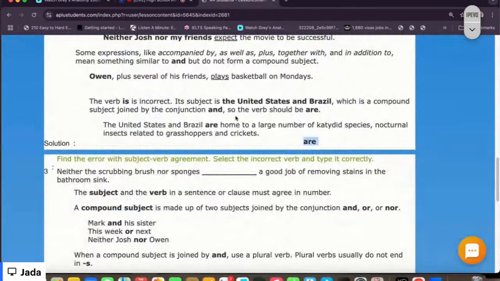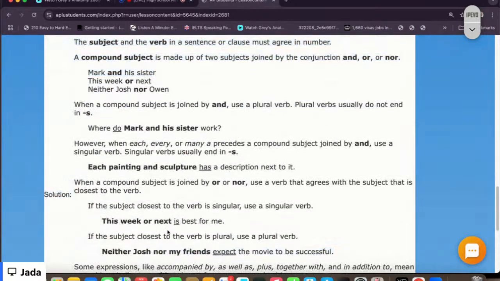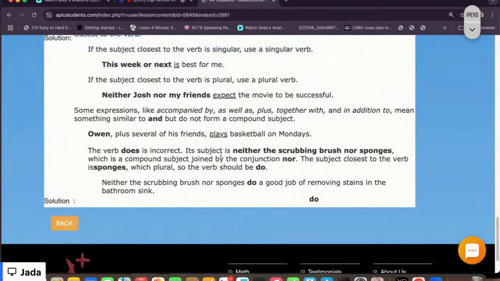Okay. Then we have neither the scrubbing brush nor sponges, dash, a good job of removing stains in the bathroom sink. Sponges has an s, so it means it's plural. You would have a plural verb. Okay, we'll move on to the test.